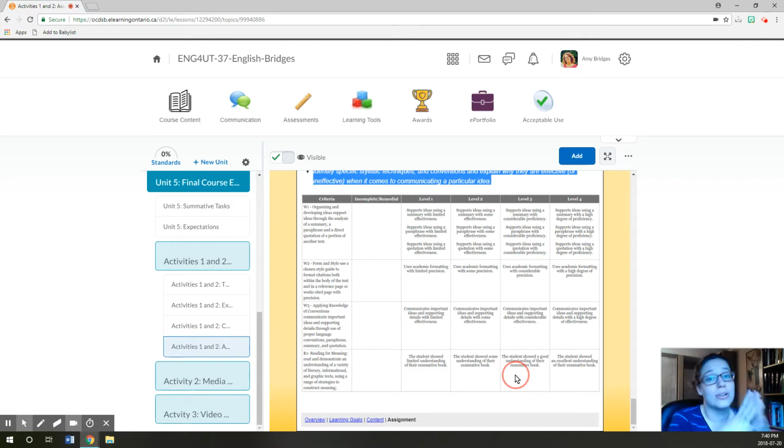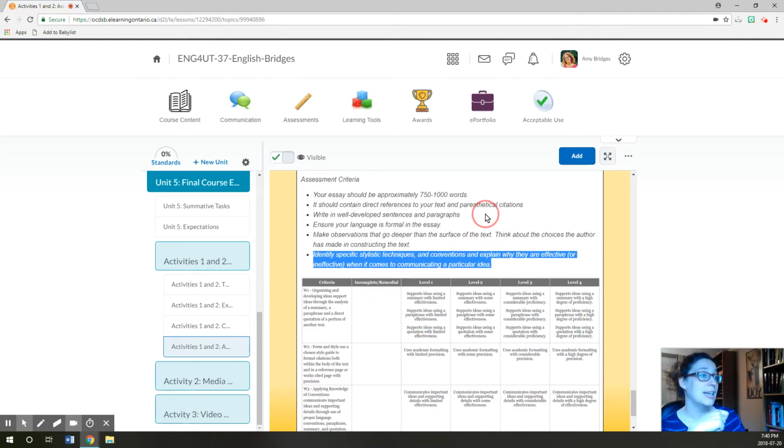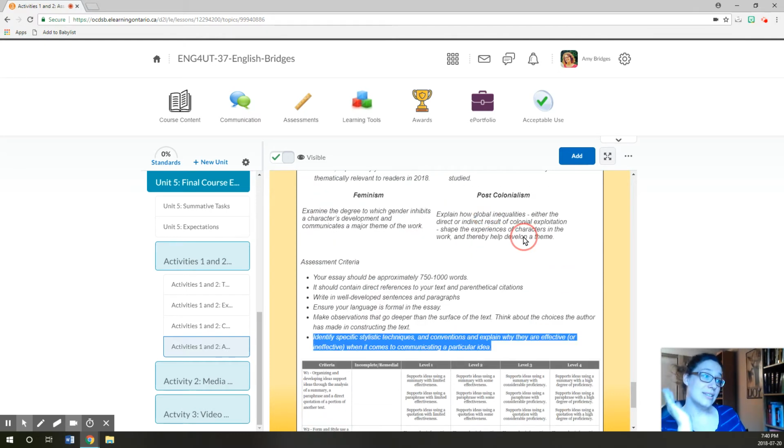So level 4 is really showing me deeper insights into the text. The more specific and focused your thesis, the more likely you'll be able to get a level 4 in all of your categories. So make sure that your thesis is responding effectively to a prompt and develops a theme statement that you can improve throughout the essay.